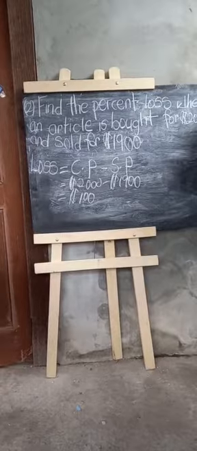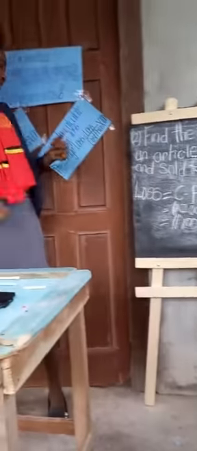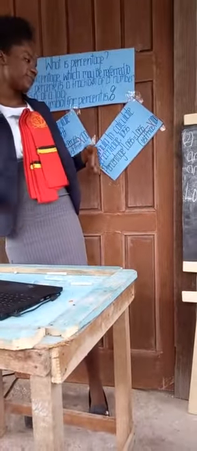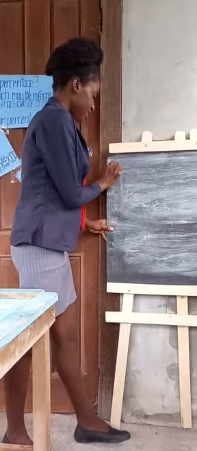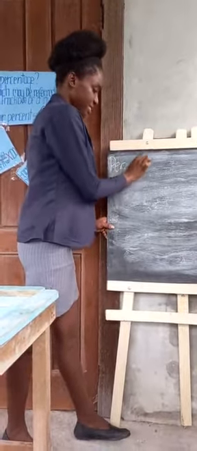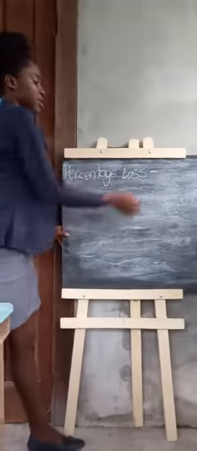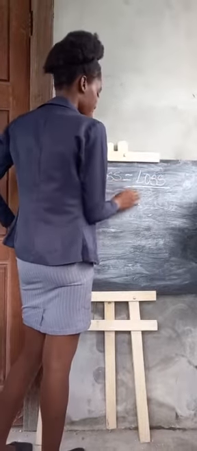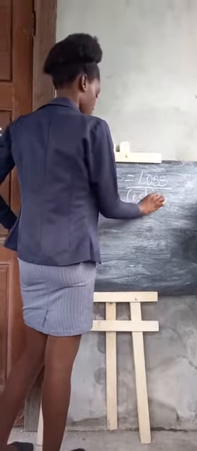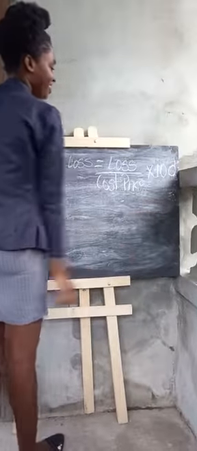Right? Is that clear? Okay, so take this and then let us use our formula to find the percentage that was lost. So our formula for percentage loss is equal to loss divided by cost price times 100.